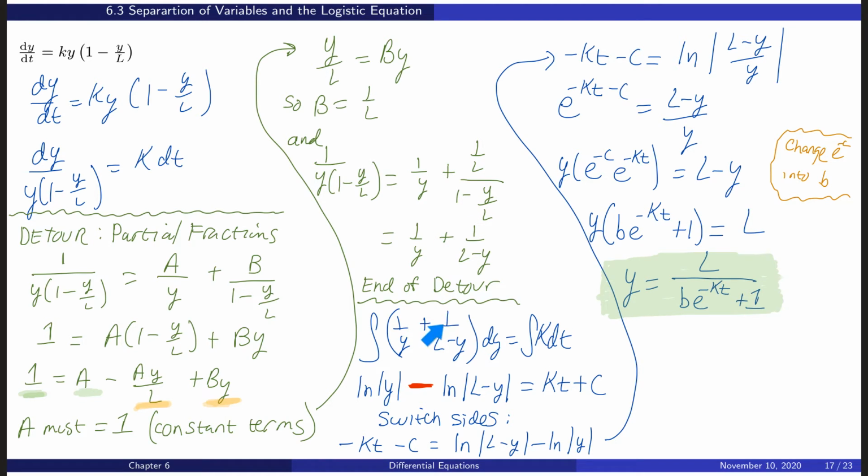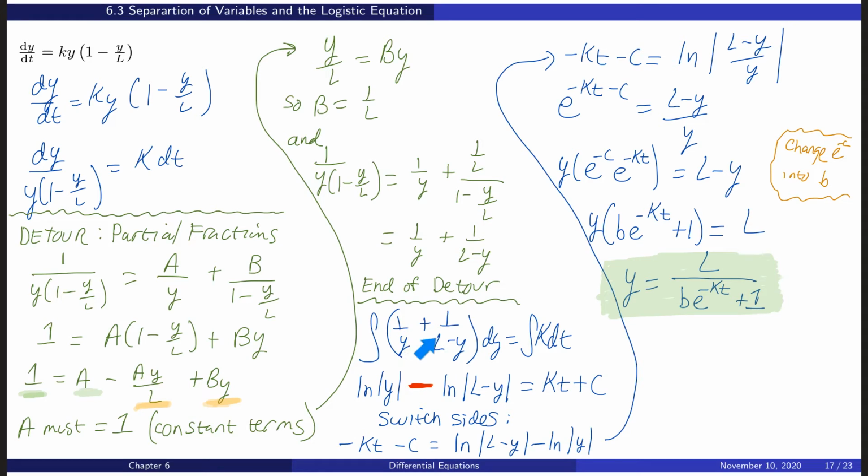If I want to solve this differential equation, I want the antiderivative of this statement here. I'm going to separate it into the antiderivative of the first and the second results from the partial fractions, and that's going to be equal to the antiderivative of the right side over there. So natural log here, natural log there, kt plus c here.